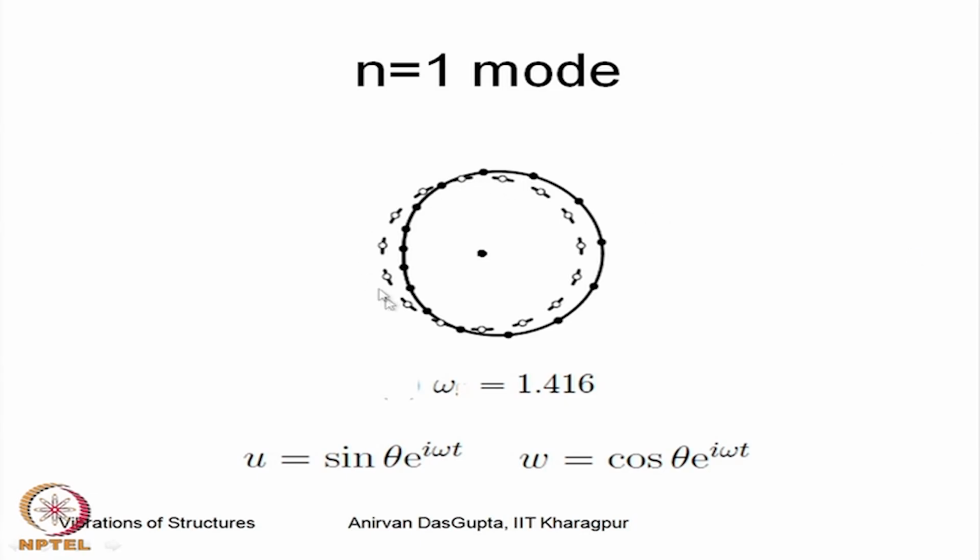So, here you can see this is the undeformed ring, and I have drawn these empty circles to indicate the particles before deformation, and these filled circles are the material points after deformation. So, you can see that there is a clustering of these material points here.